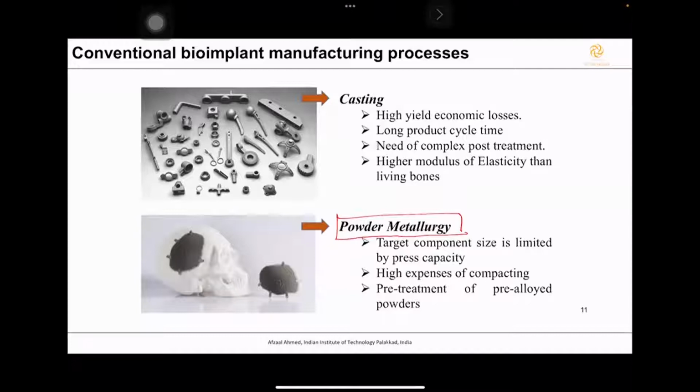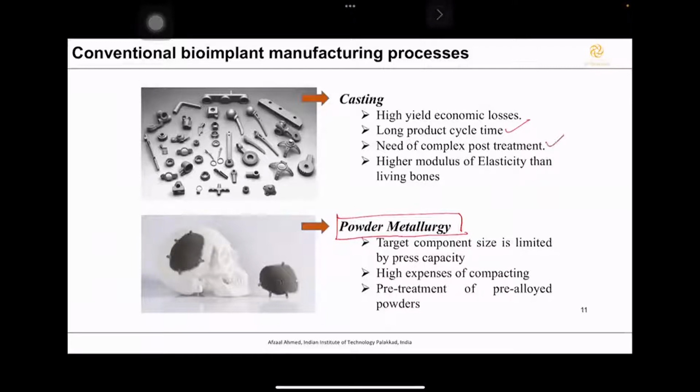From making the wax pattern to finishing using multi-stage grinding, then inspection, and then right to the last step, which is boxing. So the process has a long chain of steps to follow, and the cycle time ultimately increases because of that.